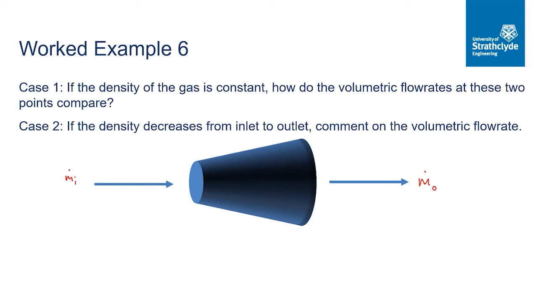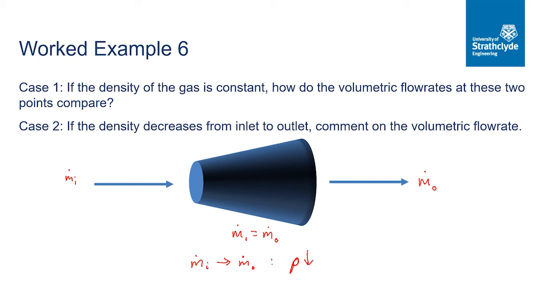So if mass flow rate in is equal to the mass flow rate out, and the density decreases from the inlet to the outlet, so as we move from our mass flow rate in to the mass flow rate out, what's happening is our density is decreasing.